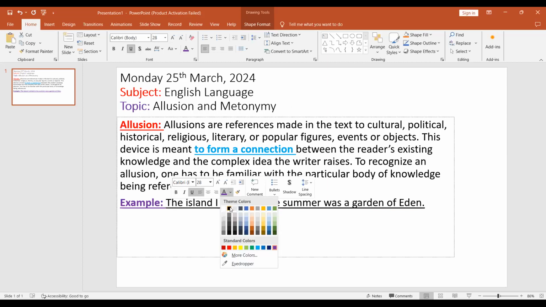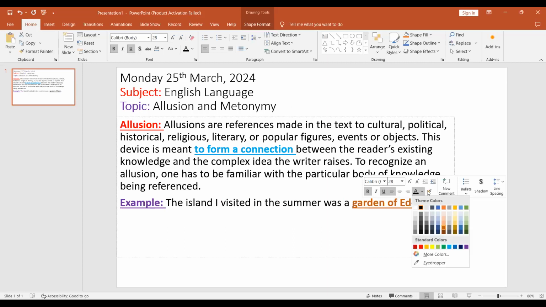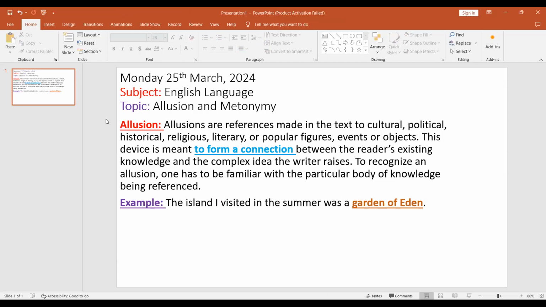It means the island you visited was gorgeous or beautiful. How do you know that? Because as described in the Bible, the Garden of Eden was beautiful and it had lots of fruits and trees everywhere. Exactly. So what's the allusion in this sentence? The Garden of Eden. Okay, so that's my example.